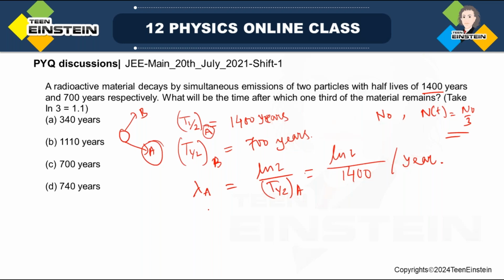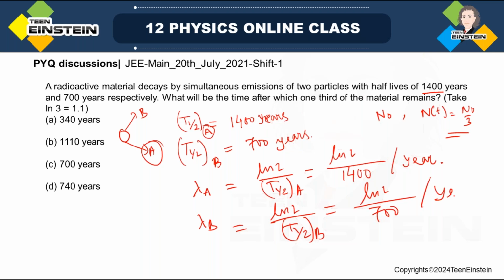Similarly for the other particle it will be ln2 divided by T half for B, so ln2 divided by 700, per year.